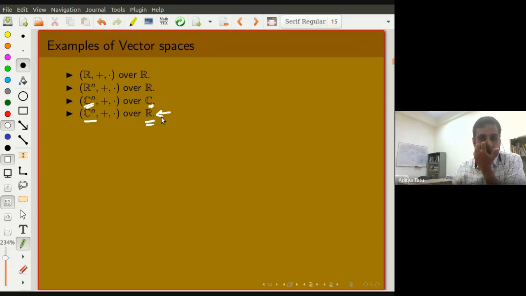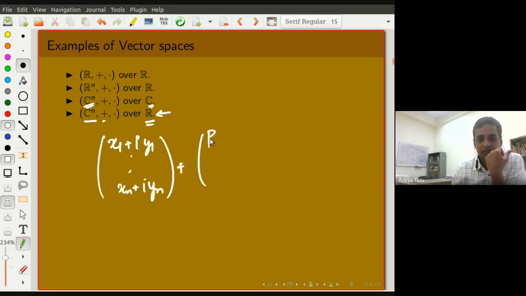Again, we mentally try to go through the vector space axioms for this example. So C^n with plus, again, I have not yet defined that. Let me just write it: (x1 + i y1, ..., xn + i yn) + (p1 + i q1, ..., pn + i qn).